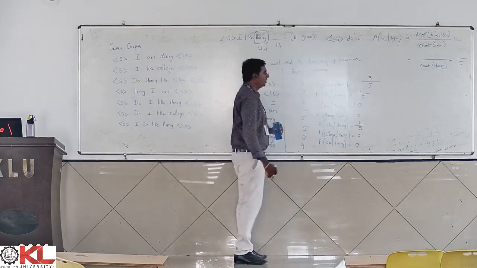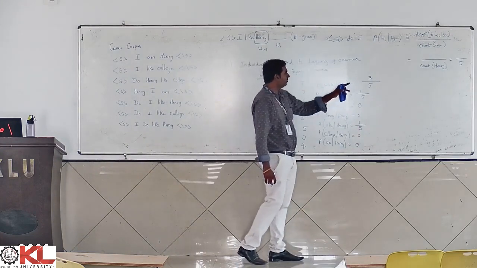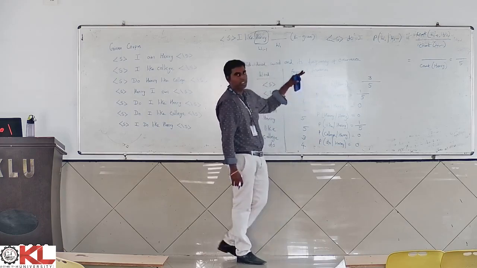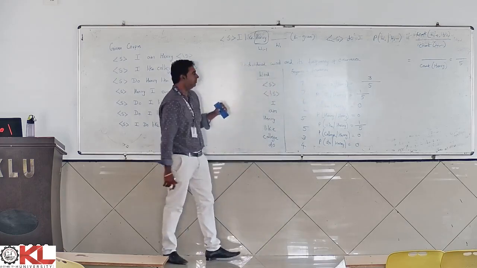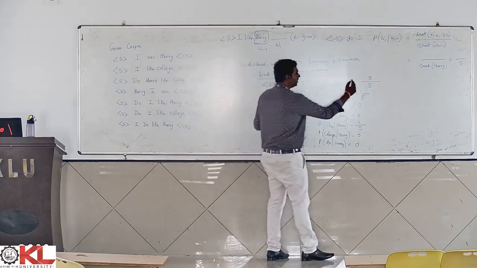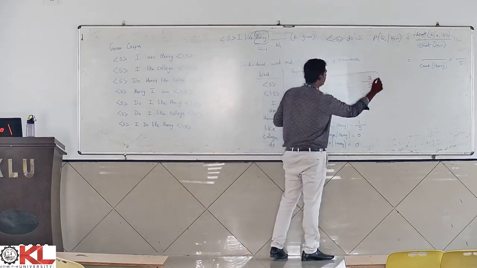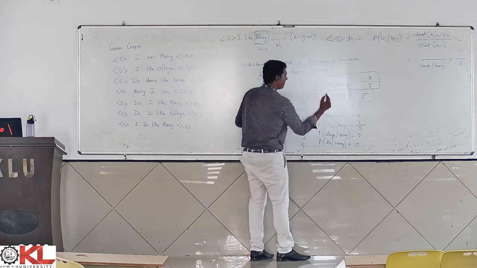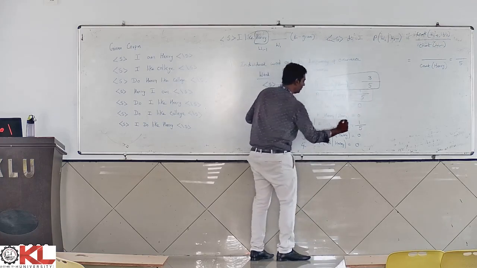So here, which one is common? The most common occurrence is the end of sentence after the word Henry. Here 3 cases come. This is one case. This is another case. This is another case.